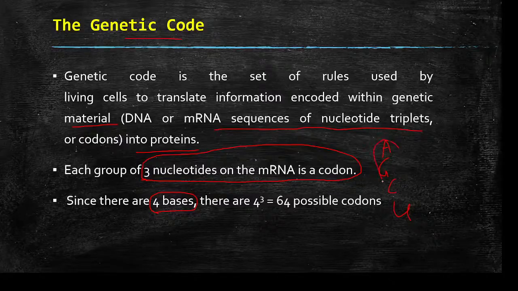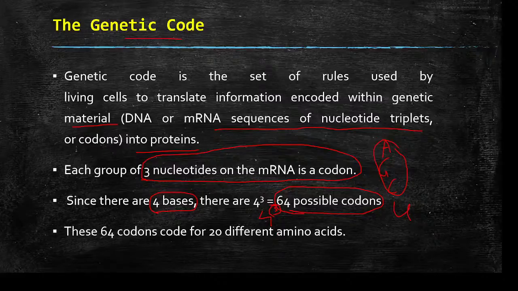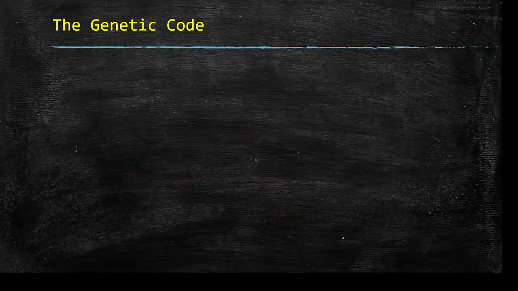By permutation and combination, there are 4 cube, which gives 64 possible codons, each codon carrying 3 nucleotides. These 64 codons code for 20 different amino acids that are present in proteins.